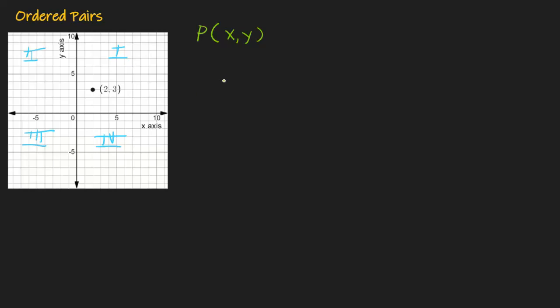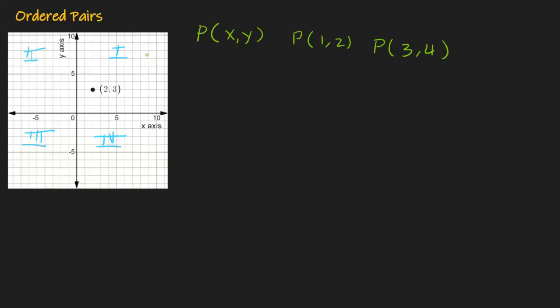Now, one thing that we do with an ordered pair is graph it. Let's look at the point 1 comma 2, and then maybe the ordered pair 3 comma 4.